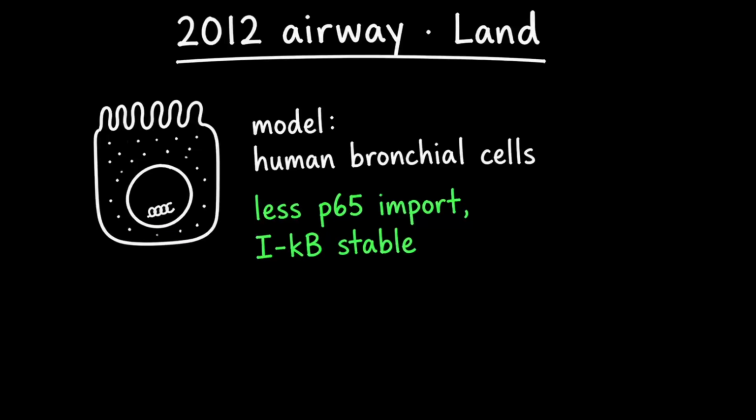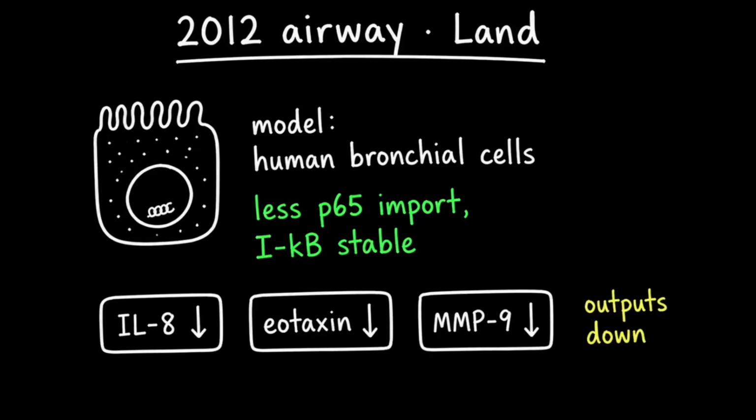And that same 2012 study, it was done in these bronchial epithelial cells, which I mentioned. And again here, it tied KPV to reduced P65 import and stable IKB, giving this specific mechanism, not necessarily just generic lowering inflammation. It tied that lower inflammation to a specific mechanism of KPV. And when the pathway was dampened, then the downstream outputs fell too.